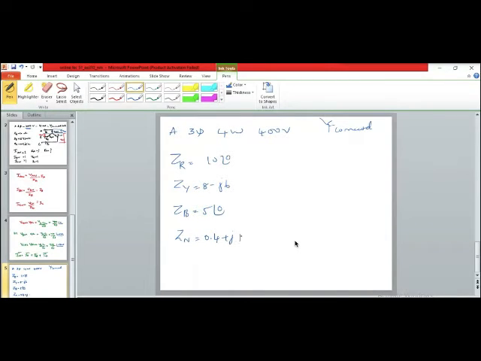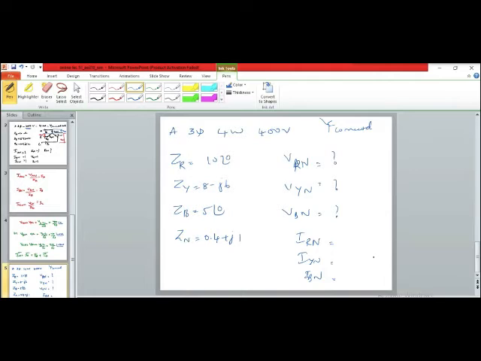So find the phase voltages, VRN, VYN, VBN. You are supposed to find these, and also the phase currents: IRN, IYN, and IBN.